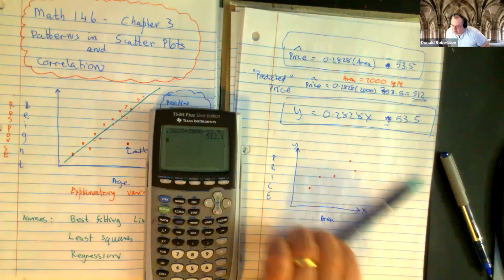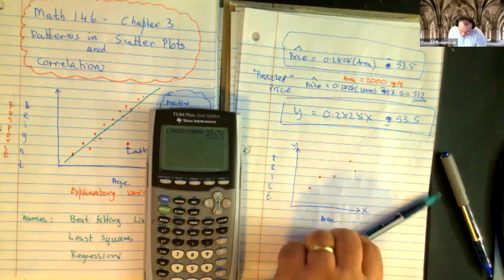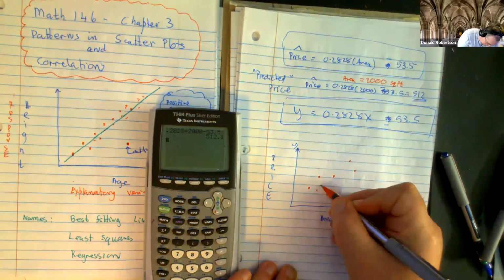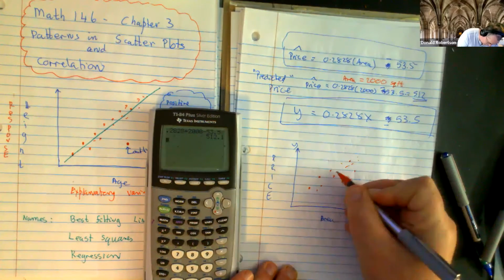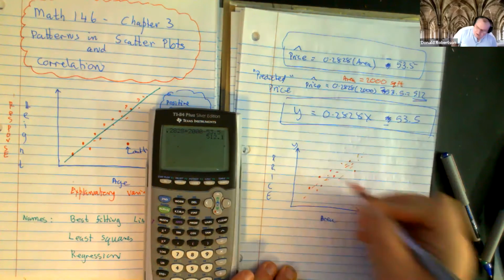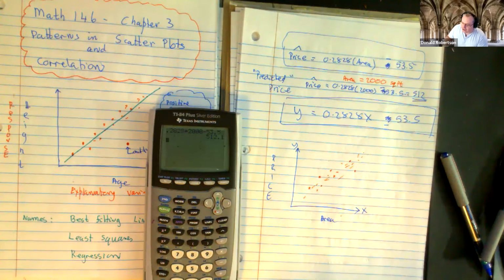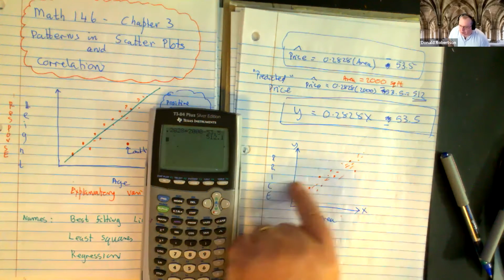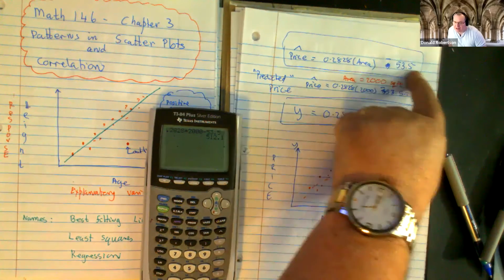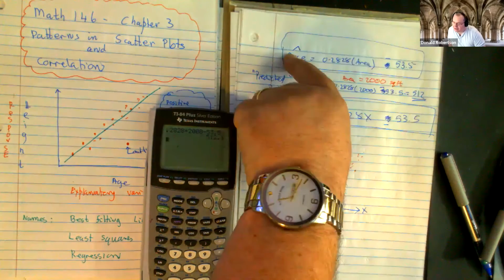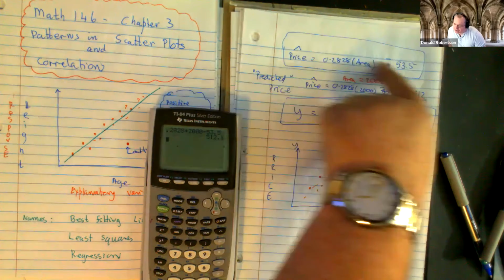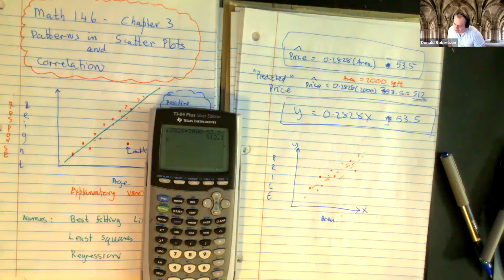Wouldn't it be much better if you had like 50 houses or 100 houses? So the more numbers that you use to create your scatter plot, the more accurate this formula is going to be at predicting square footage. If you're only using 5 houses, you'll get a prediction, but if you're using 500 houses, that prediction is going to be closer to reality, right?